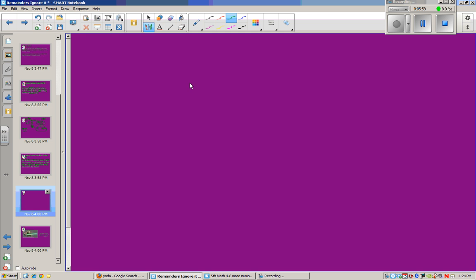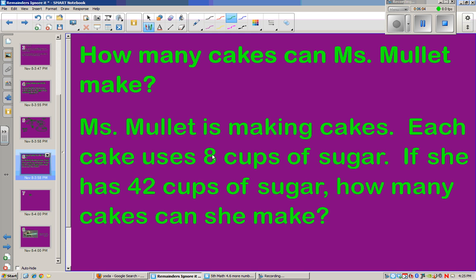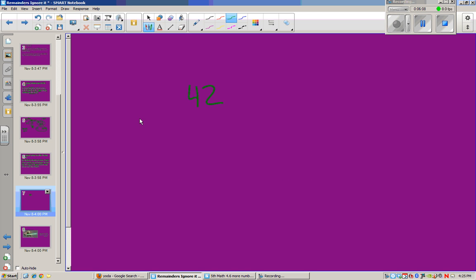And the big number that we're working with here is 42. Let's double check. Yep, 42 cups of sugar. And each cake takes 8 cups of sugar, so I've got 42 divided by 8. Get my D, M, S, D up here, and then I can start dividing. 8 goes into 4, 0 times. 8 goes into 42.